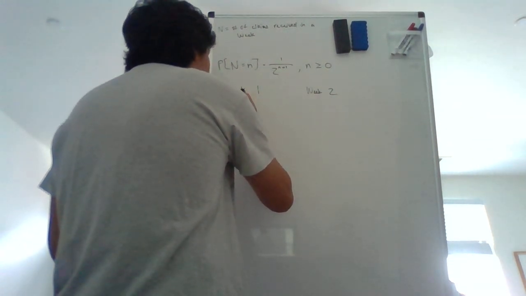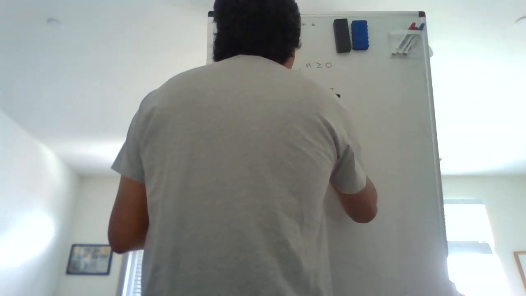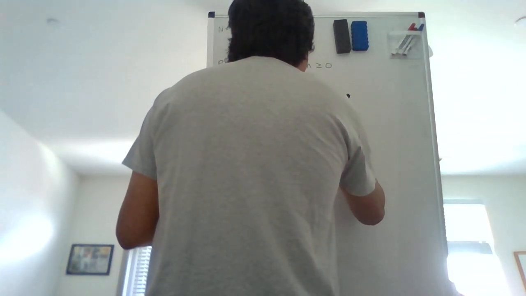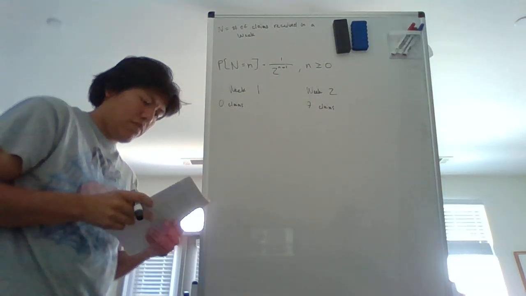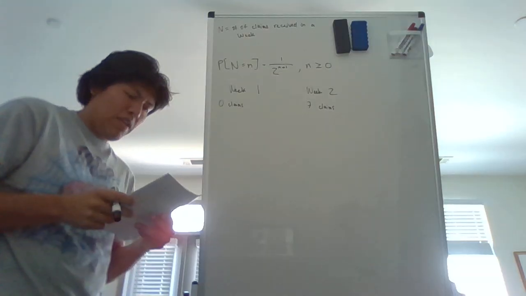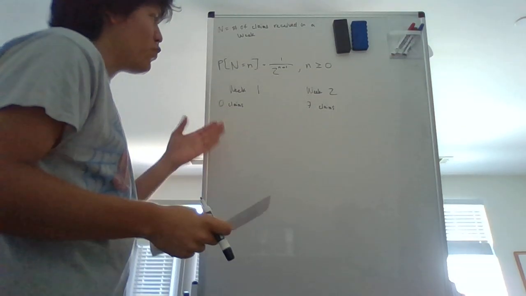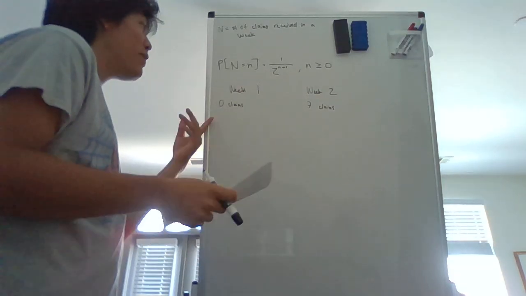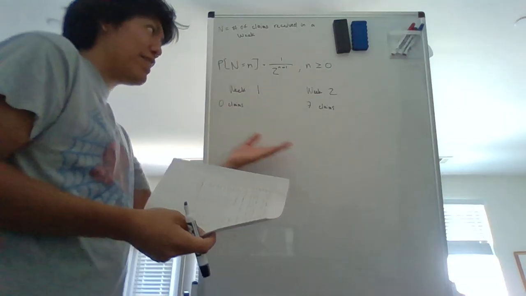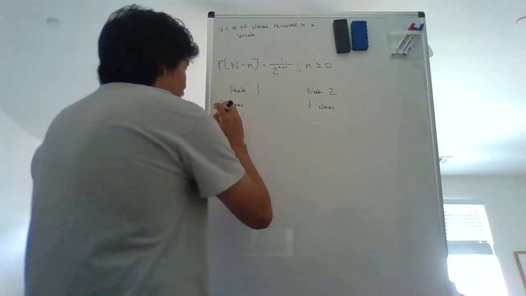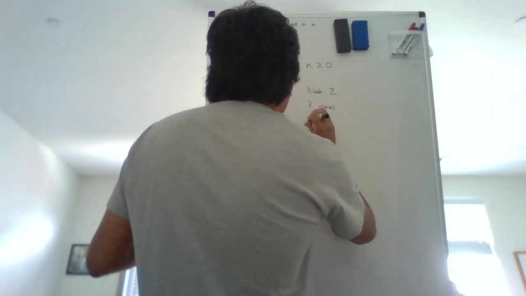0 claims, and then in week 2 we get 7 claims. Right? That's just one way of doing it. Oh, what about week 1 we get 1 claim, and then week 2 we get 6? That's still exactly 7 claims. 1 claim, and we get 6 claims.